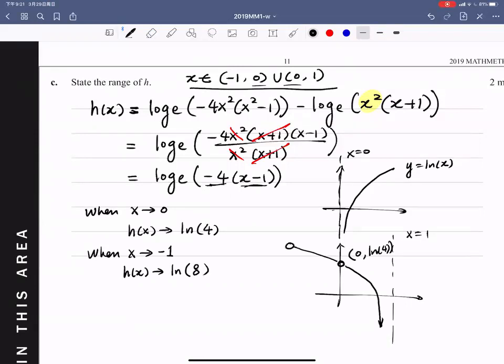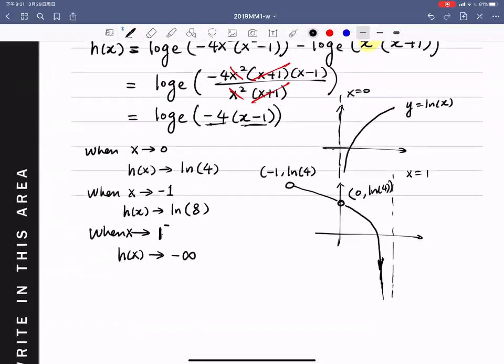Okay, should be higher than natural log 4. All right, finally, when x goes towards the left-hand side of 1, my h of x will get towards -infinity because it's going down, down, down, down, down.